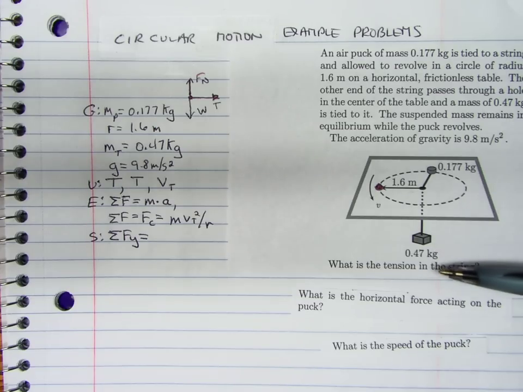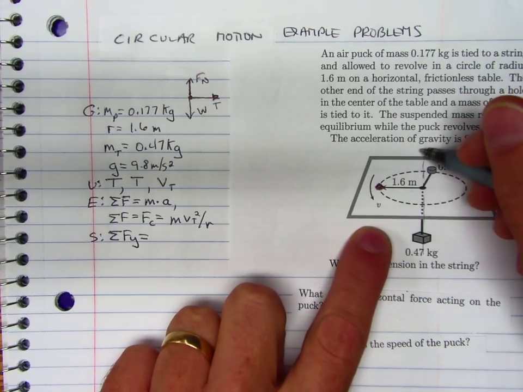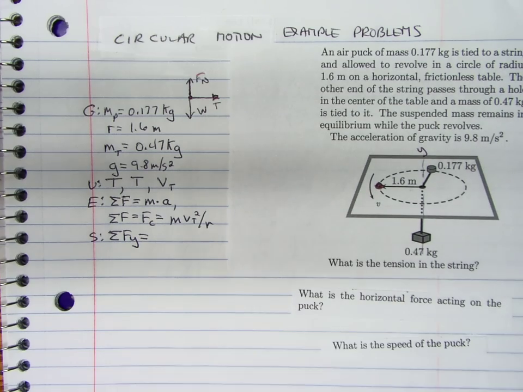So there is no relative motion of the mass. Therefore, the mass is not accelerating. Therefore, the sum of our forces in the y direction equals 0. This is the y direction here.